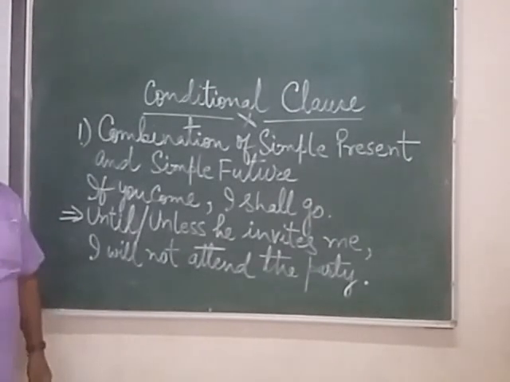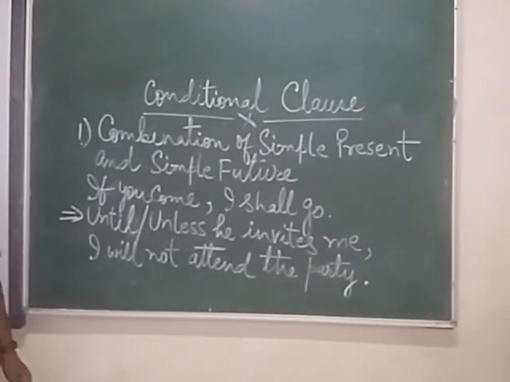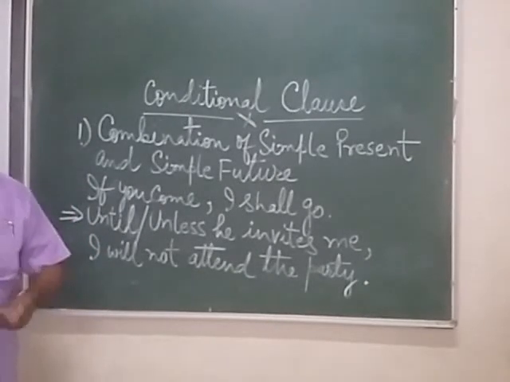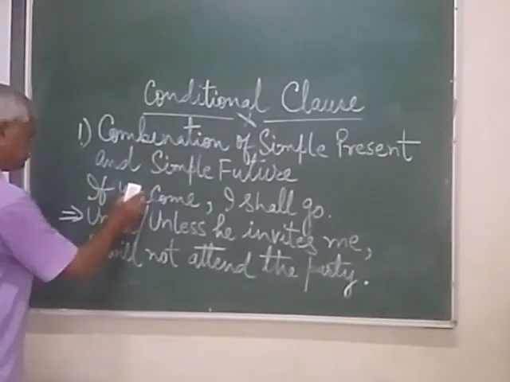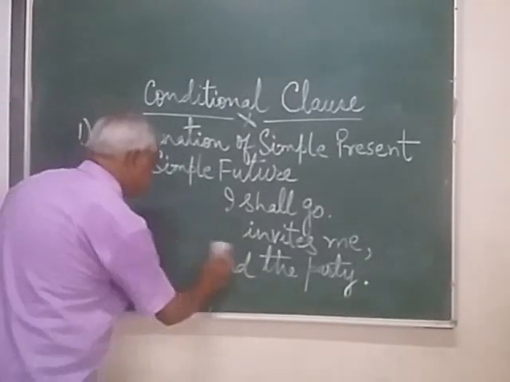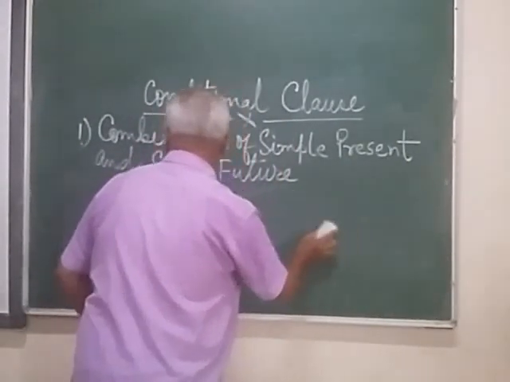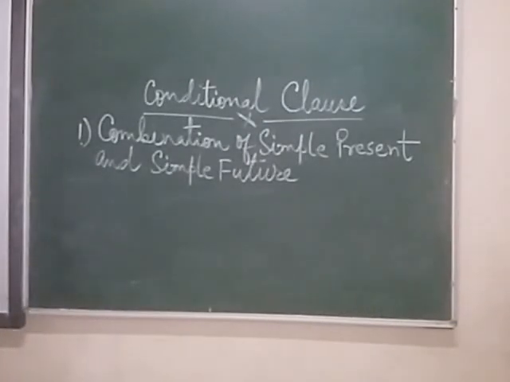By using otherwise, else, or lest in a sentence, one part will be an imperative sentence, and the other will be in simple future tense. Now the example.